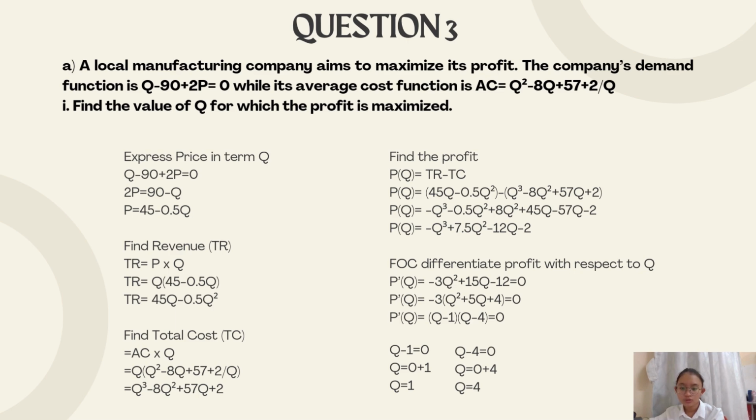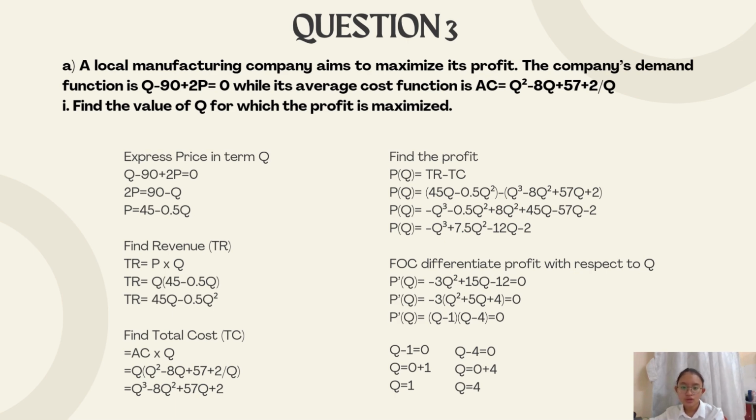Then we need to find total cost. Total cost equals average cost times Q, so Q times (Q squared minus 8Q plus 57 plus 2 over Q) equals Q cubed minus 8Q squared plus 57Q plus 2. Then we find the profit.